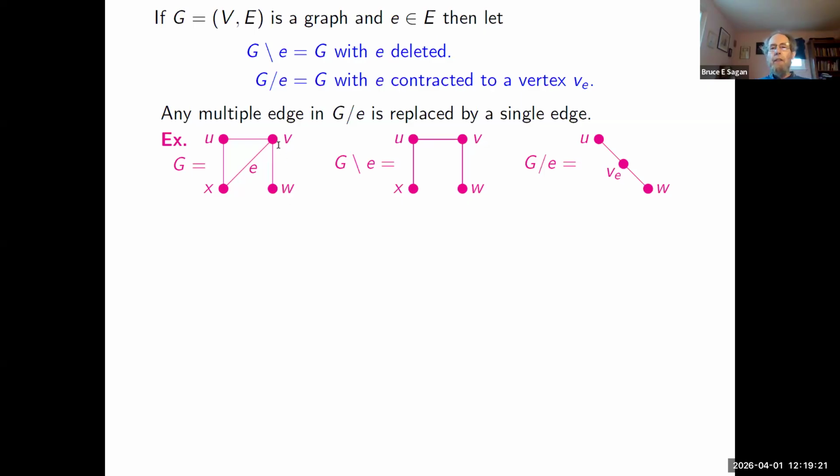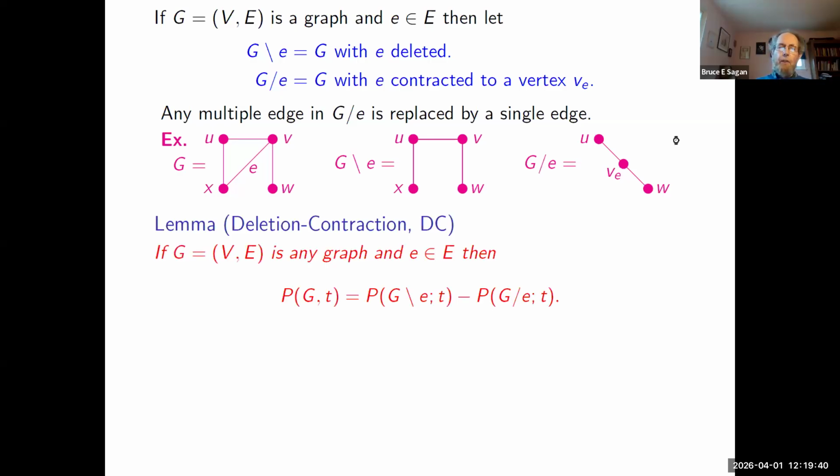Similarly, W was adjacent to this vertex V, and so when I do the contraction, it's adjacent to the new vertex V sub E. And if there were any vertices which were not adjacent to either X or V, they would stay not adjacent here. Clear how to do deletion and contraction? Questions?